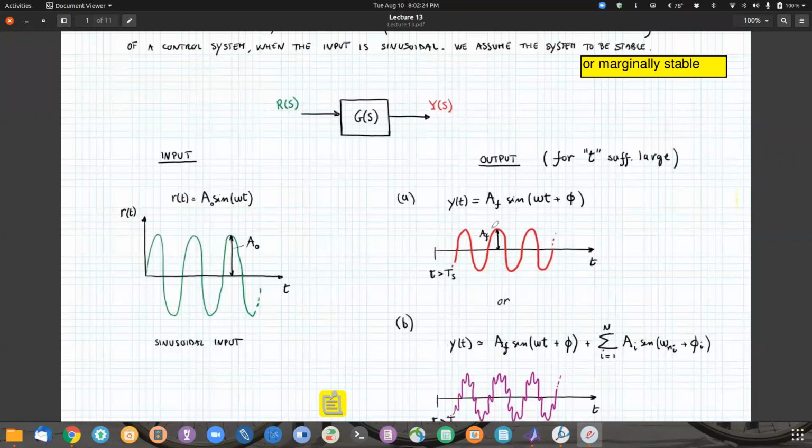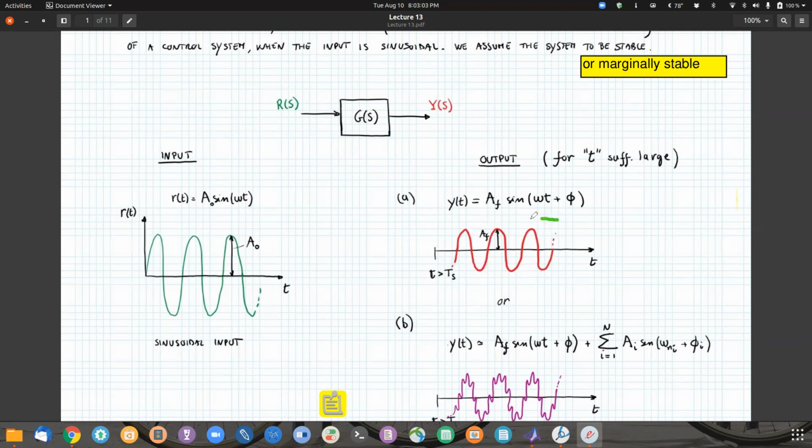Once again, the output is going to have an amplitude, here I'm going to call it AF, and it will be shifted with respect to the input by a phase phi. However, the very particular thing is that the frequency of this output is exactly the same as the input frequency. So the system oscillates at the same input frequency omega.